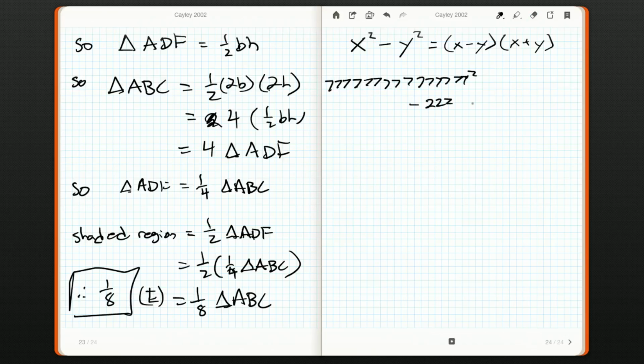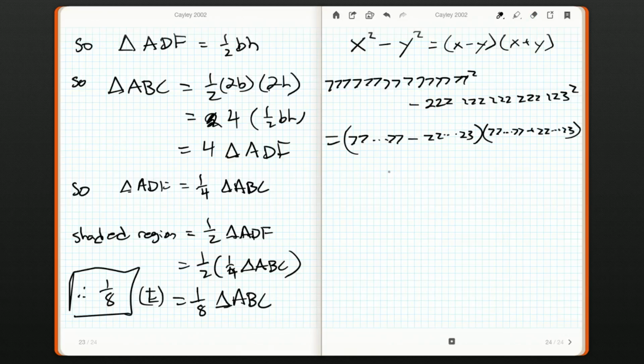Squared minus 1, 2, 3, 1, 2, 3, 1, 2, 3, 1, 2, 3, 1, 2, and then an actual 3. When I do this, I get the difference in these numbers. Let me clean that up just a little bit. The difference of these numbers and then the sum of these numbers.